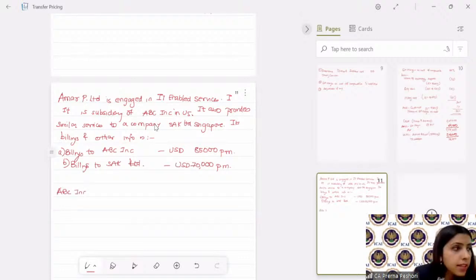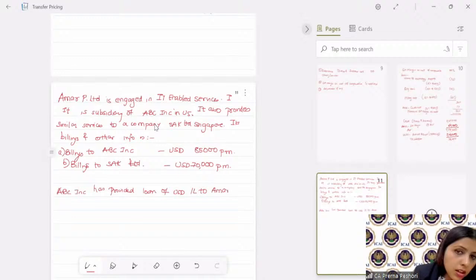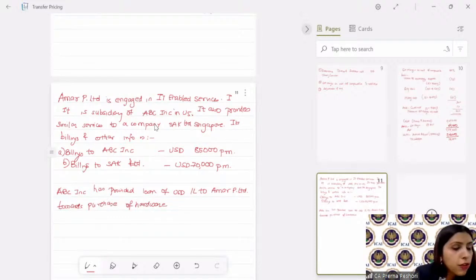ABC Inc. has provided a loan of USD 1 lakh to Amar Private Limited towards purchase of hardware for executing its project.